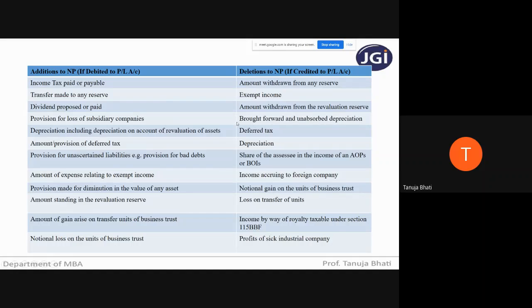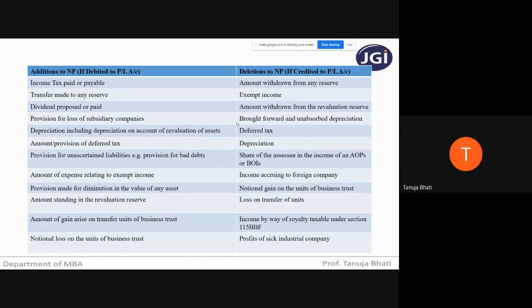So students have well understood how to compute the book profit. Book profit is nothing but net profit after adding and deleting certain items from the net profit. And MAT is nothing but 15% of book profit. So whatever book profit you arrive at, you have to take 15% of that book profit. You will get MAT, and then if surcharge is applicable, add surcharge, and you have to add health and education cess.